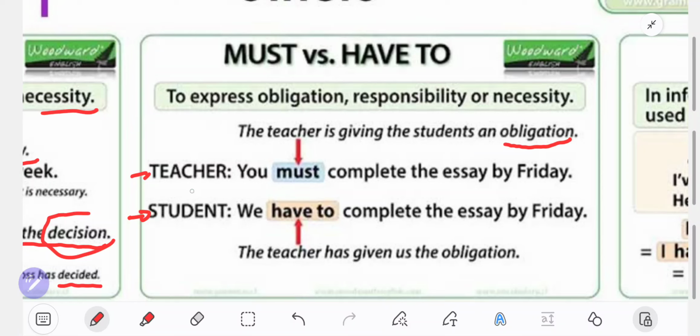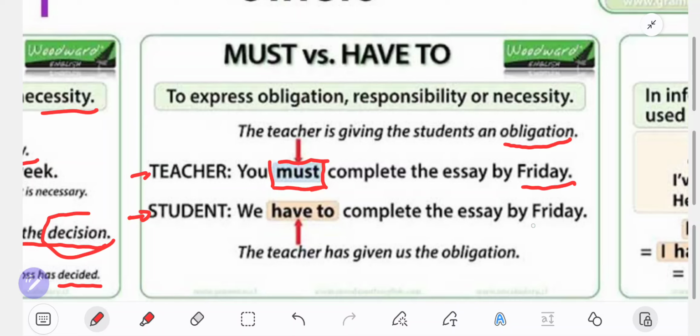But the student will say have to. We have to complete the essay by Friday. If your teacher gives you a task, your homework, your teacher uses the word must.